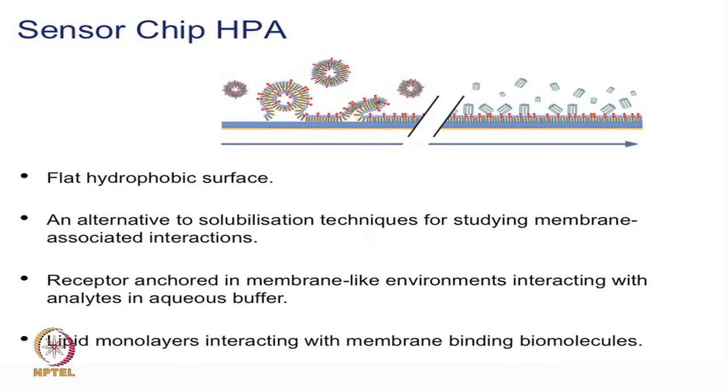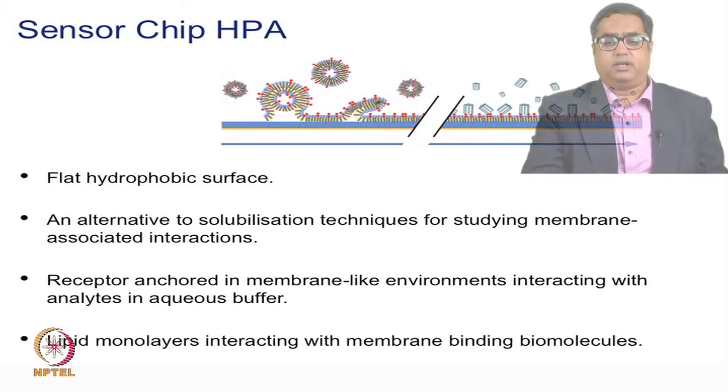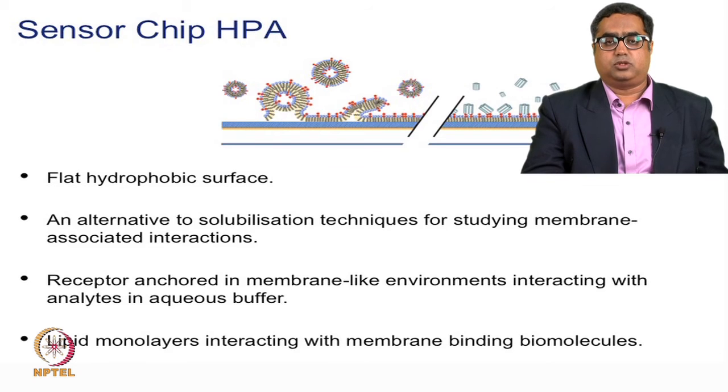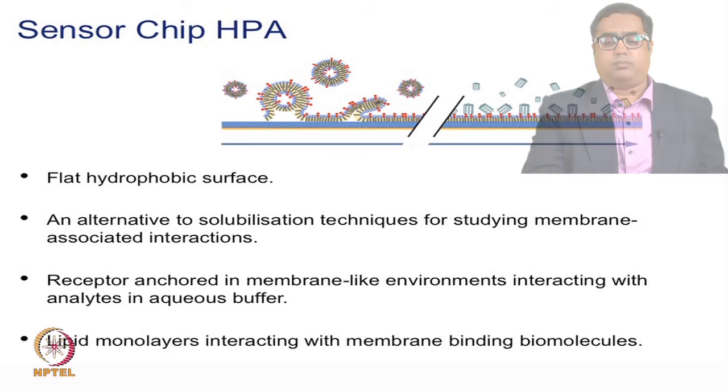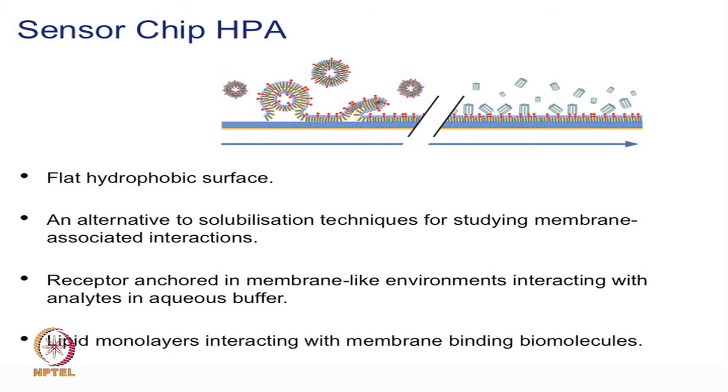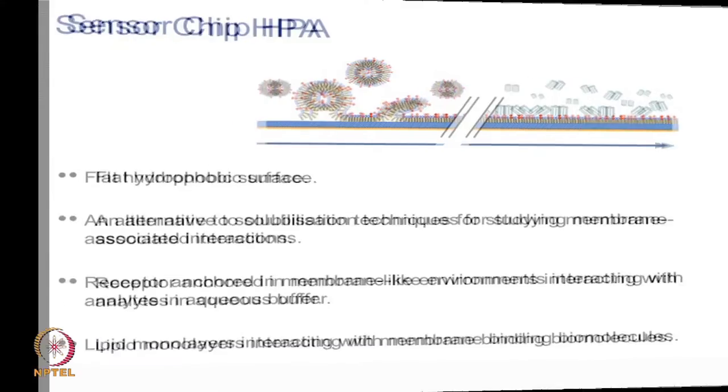HPA surfaces are flat hydrophobic surfaces, and these surfaces are useful for membrane associated interactions. Receptors generally are anchored into membrane-like environments, and then they are useful for interaction with analytes. Generally, studies of lipid monolayers interacting with membrane binding biomolecules are made on these surfaces.